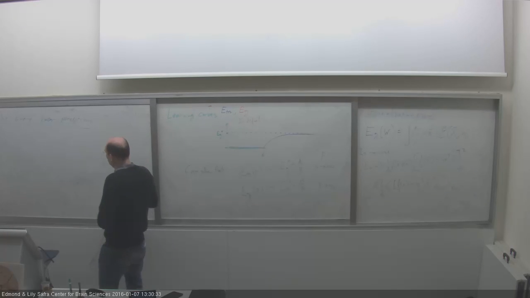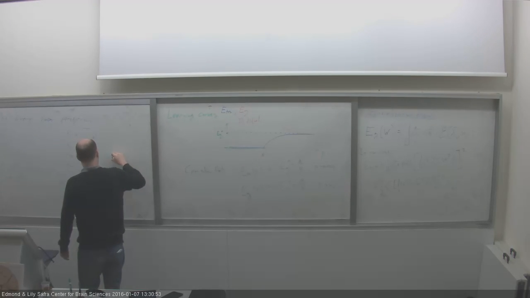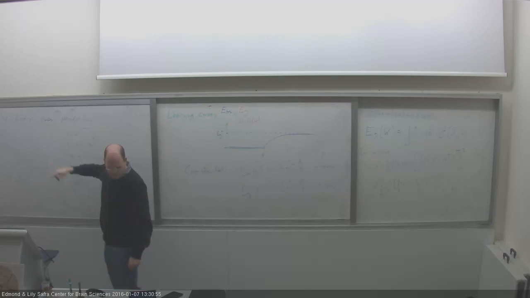Now we will consider networks that receive inputs x1, x2, which are still linear. And what they do with them is they still sum them up with linear weights. Okay, so this is why this is linear.